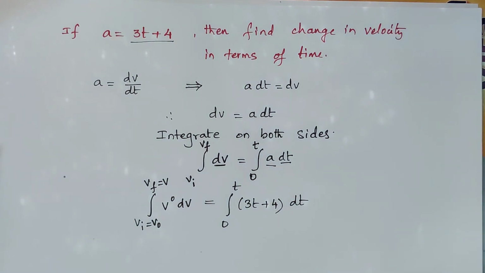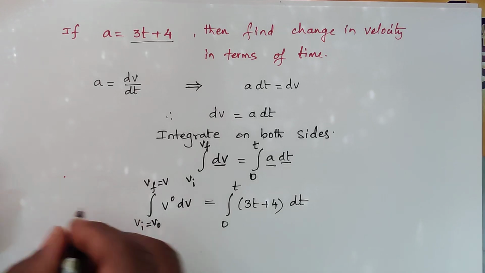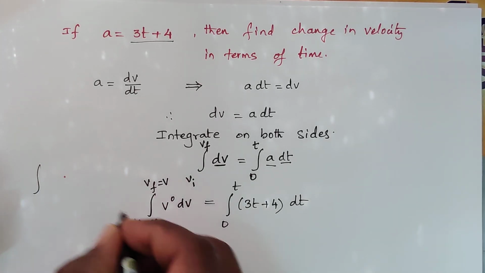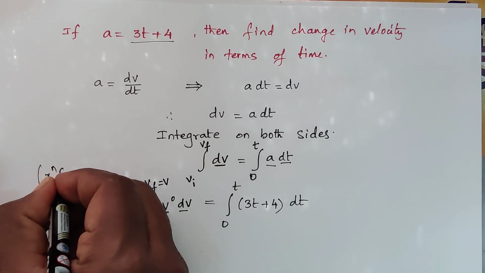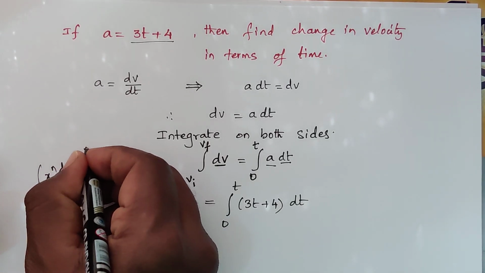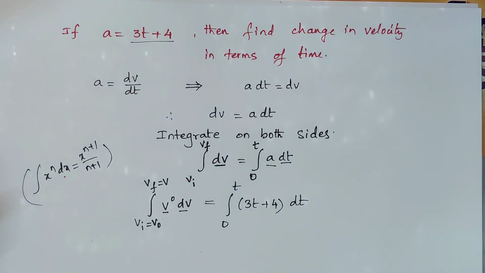Is this clear? Okay. So it is in the form of integral x to the power of n dx. The formula is x to the power of n plus 1 by n plus 1. Apply for this. So v to the power of 0 plus 1 by 0 plus 1, because here n equal to 0.